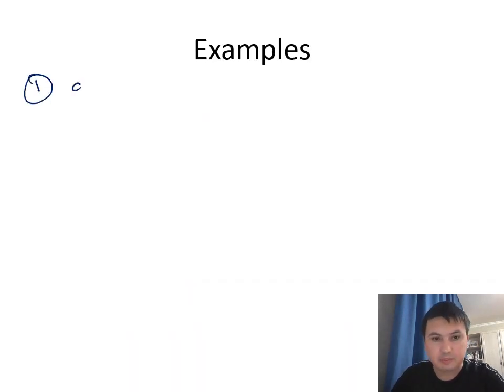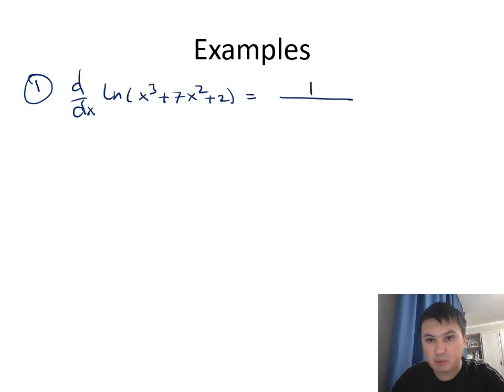Okay, let's take the derivative of ln of x cubed plus 7x squared plus 2. Well, by the formula above, this is going to be 1 over u. In my case, u is x cubed plus 7x squared plus 2, so I write it down.